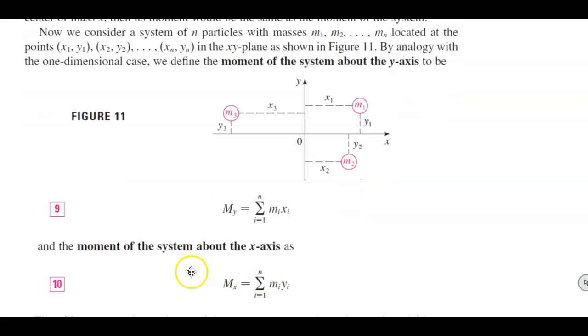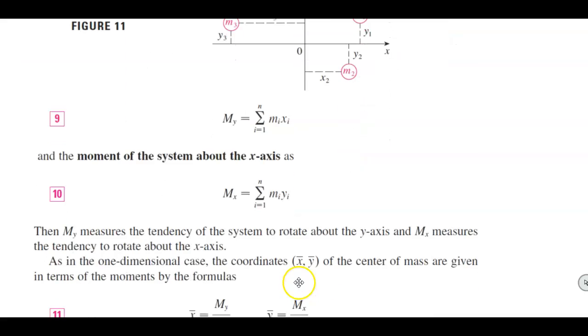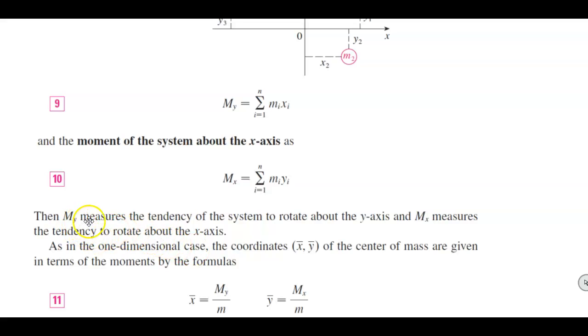And the moment of the system about the x-axis, M subscript x, becomes the summation from i equals 1 to n of m subscript i y subscript i. Then M subscript y measures the tendency of the system to rotate about the y-axis, and M subscript x measures the tendency to rotate about the x-axis.